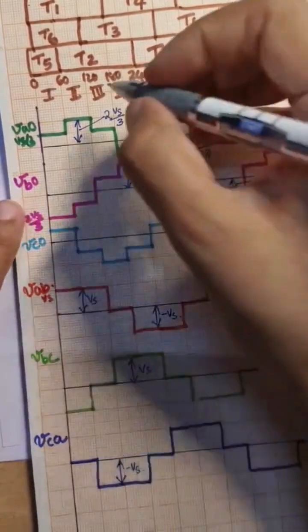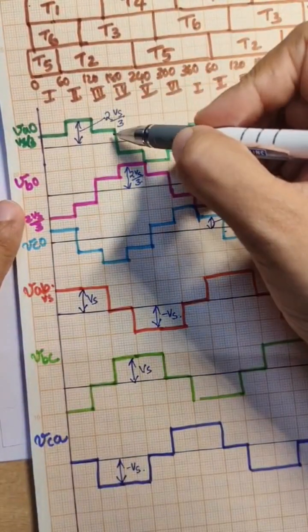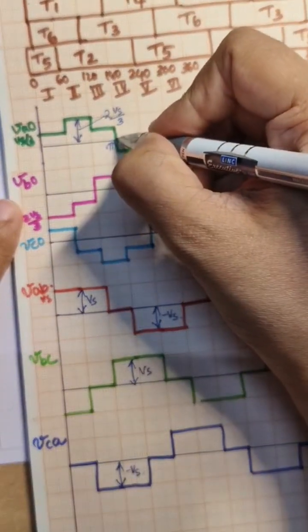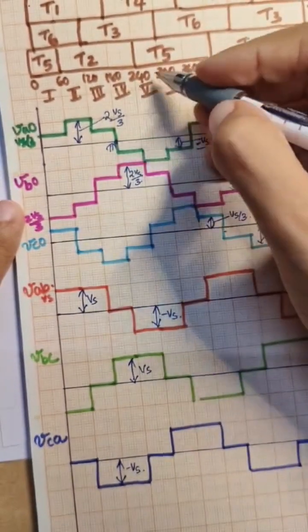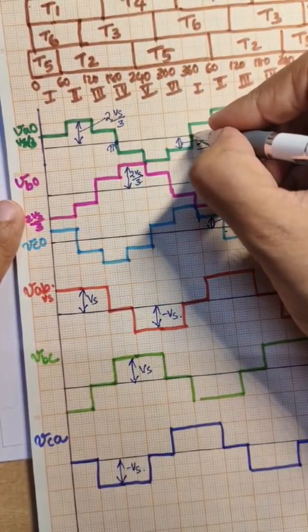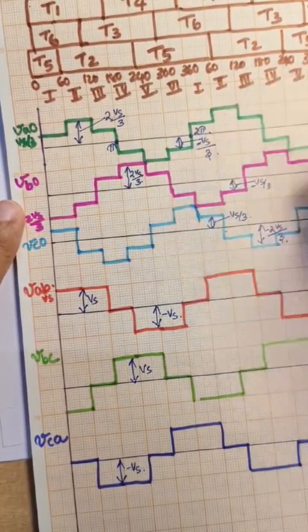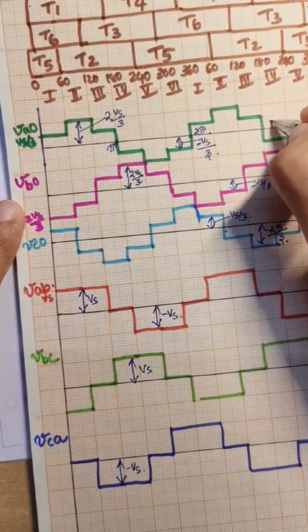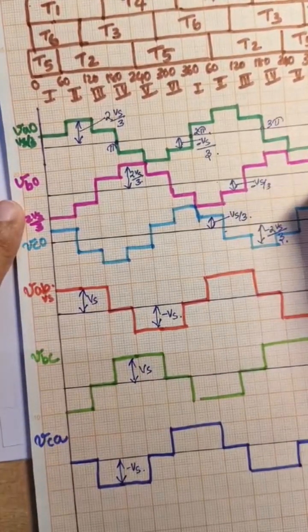And we can mark here 180 degrees, half cycle is completed. This is pi. And here 360 degrees, this point 2 pi. Here 3 pi, 4 pi.